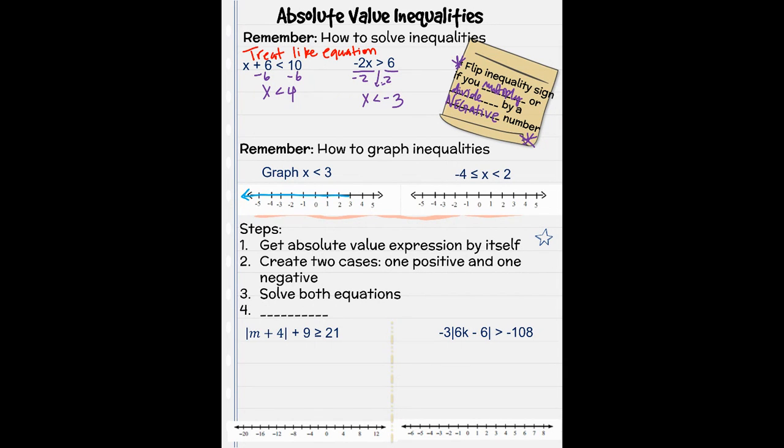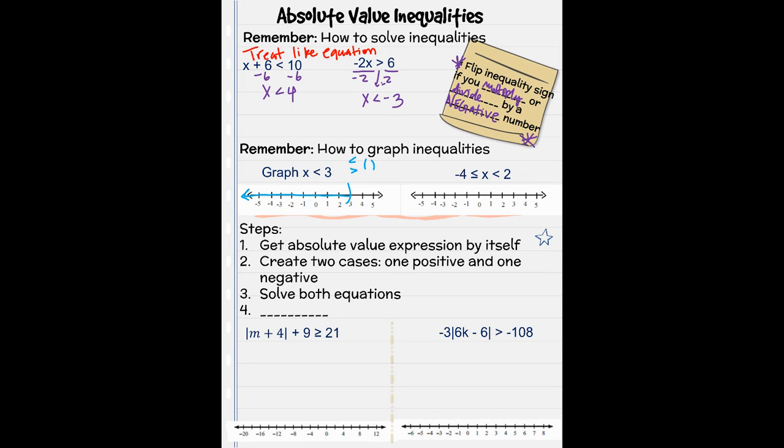And since it's just less than, and less than is not equal to, this is when we're using our parentheses. So yes, we're back to using parentheses and brackets. So light blue, that's how you graph it. You put a parenthesis at 3, you draw a line and an arrow for everything less than 3. So if you've got less than or greater than, you're using parentheses.